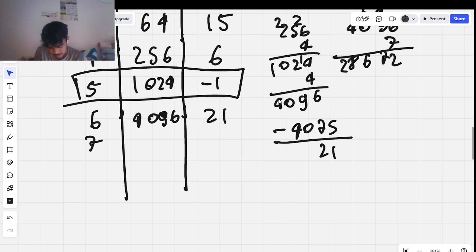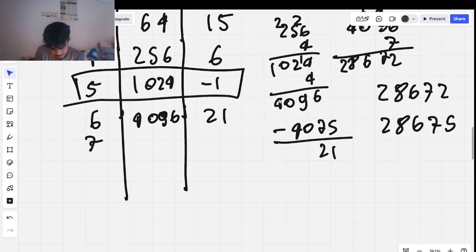And this is 28672. It's very close to 28675. That means that this is minus 3 modulo 25. Okay, not too bad.